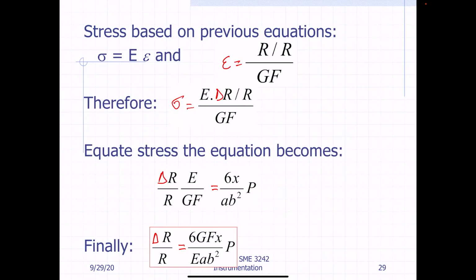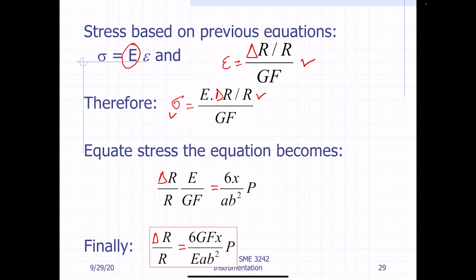Next is to relate stress and strain. We know that the relationship between stress and strain is from Young's modulus. Strain is also related to the change of resistance by this equation here. Putting the two equations together, we get the relationship between stress and change of resistance.